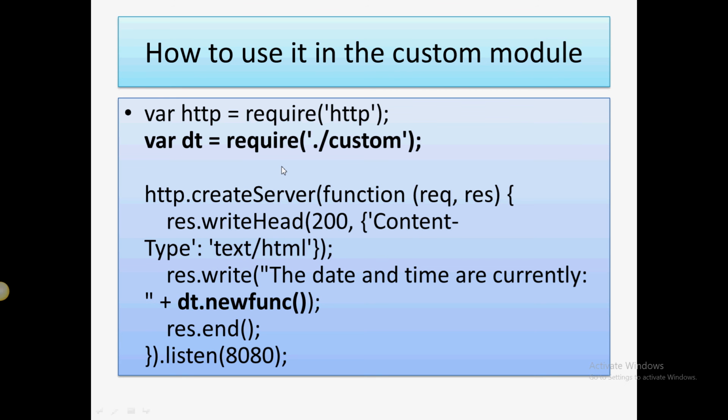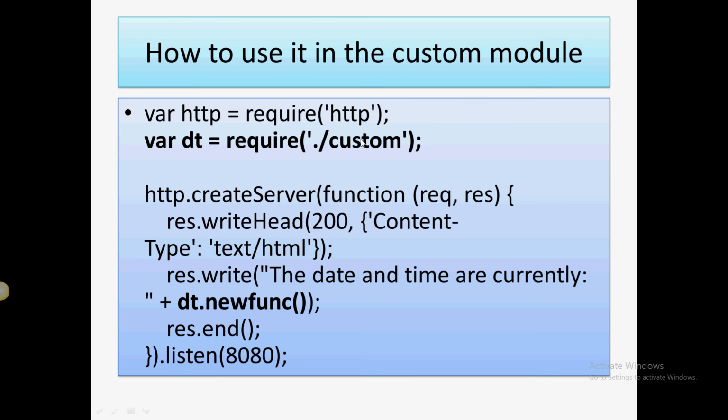In order to use that, again you use require, just like you did with the earlier already created module. In this case, because it is in a file, you say require and the name of the file, and again you are creating the server. Since it is assigned to this variable, dt, you use dt and the name of the function, newFunction, and it will give you the date and time.